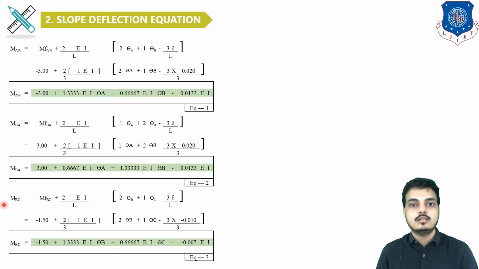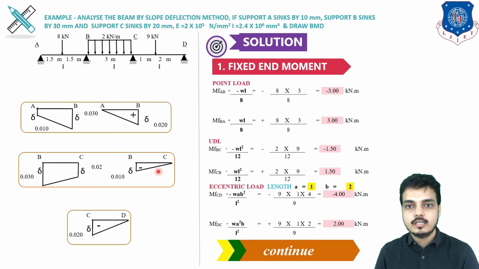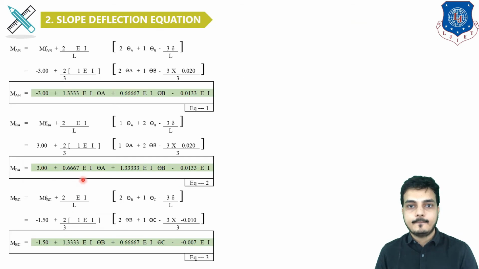Now we will be shifting towards MBC. So for MBC, check what our delta is. It is 0.01. Our span is 3 meters and its FEM is nothing but minus 1.5 and 1.5. So let's see.